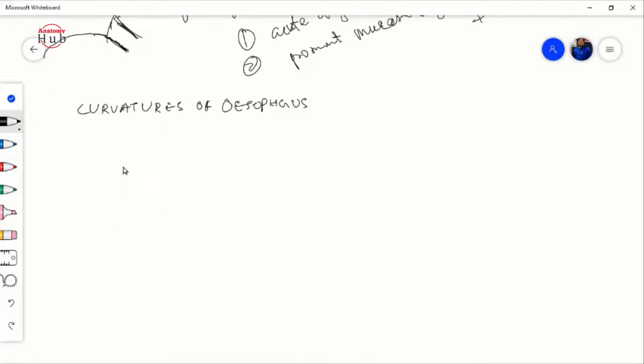Okay. So curvatures means the cervical portion of the esophagus that actually commences at the midline.